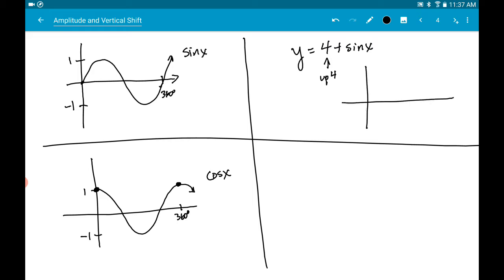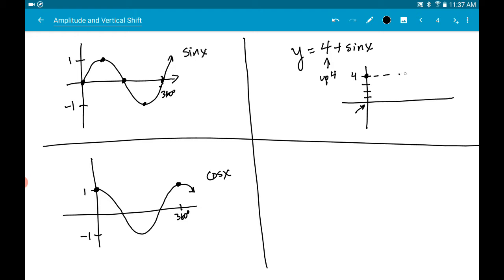So one thing to think about is when the original graph wraps around the x-axis, when you shift it up 4 units, it's like all these points, look to the left of the screen, these points are all getting shifted up 4. So the origin used to be the starting point, but now everything is going to get shifted up 4.